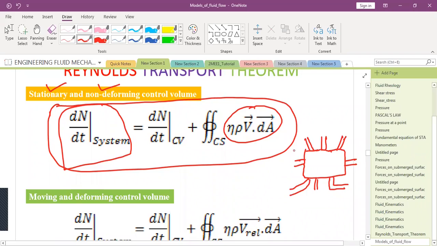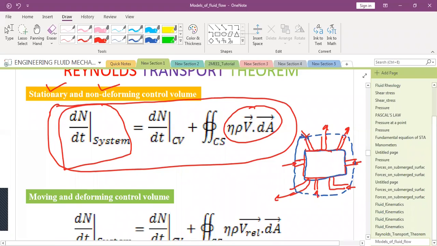So this was entering the system, this was entering the system, this was exiting the system, exiting, entering, then entering, exiting. If you consider my control volume to be this one, something is entering into the system, something is exiting out of the system.